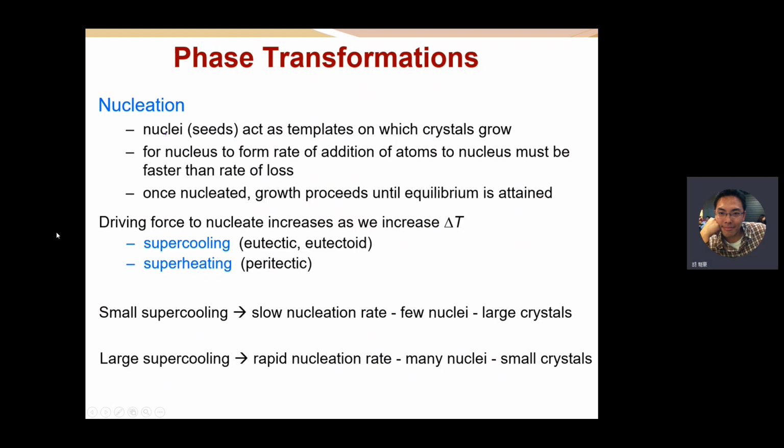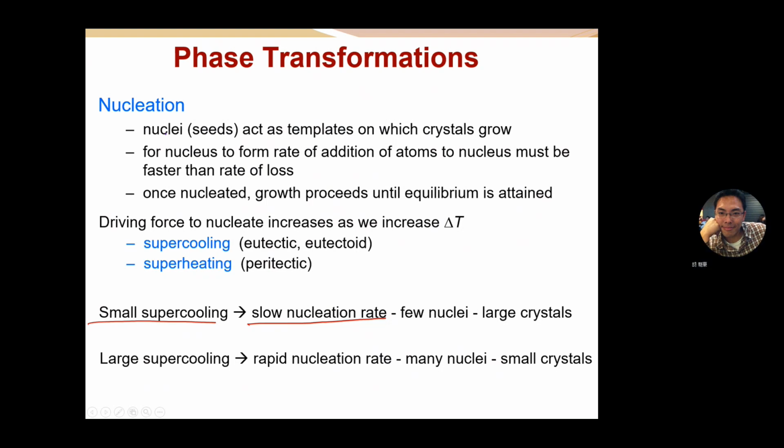And small supercooling means a slow nucleation rate or slow cooling rate. So if we cool an alloy very slowly, what's going to happen? A few nuclei form with large crystals.